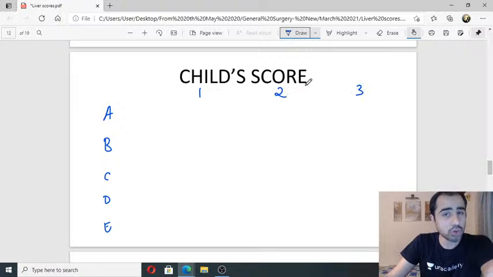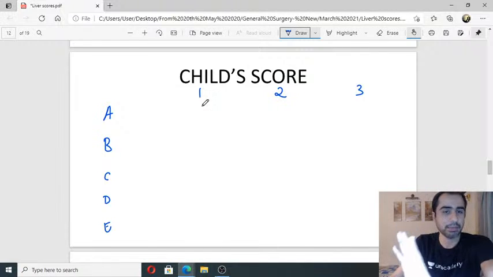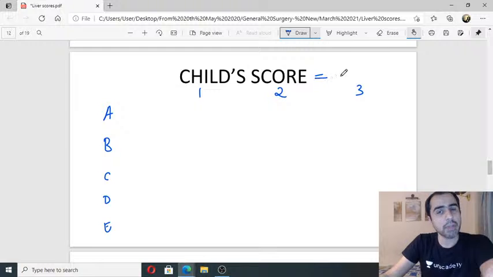There is no zero in Child's scoring system; the score is 1, 2, 3 points. That is the only place where you should not get confused: is it 0, 1, 2 or is it 1, 2, 3? It is 1, 2, 3. And there are 5 components, so the maximum score that the person will get will be 15, and the minimum score will be 5, because there are 5 parameters.